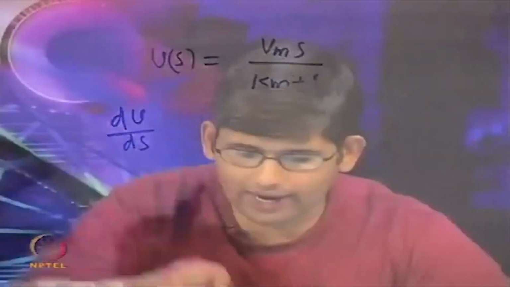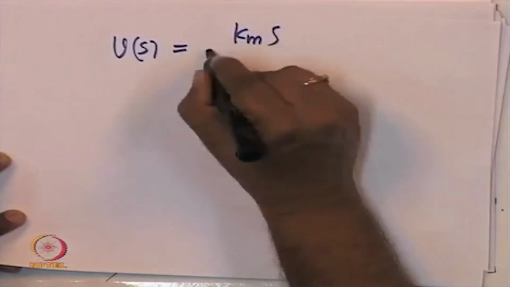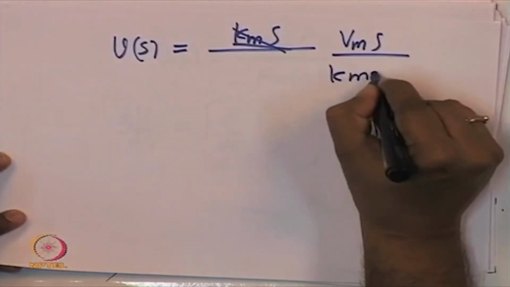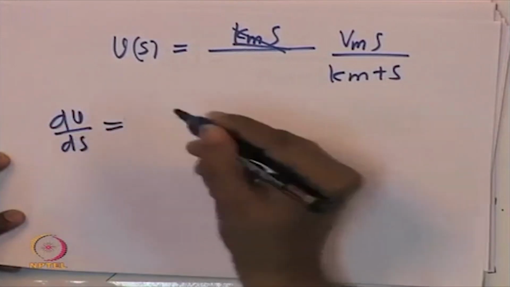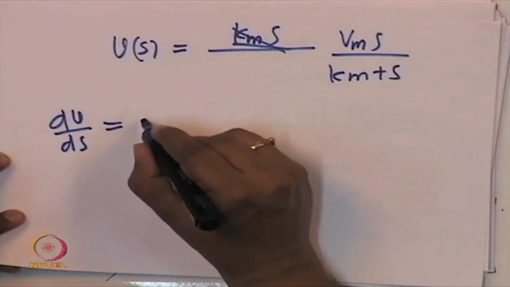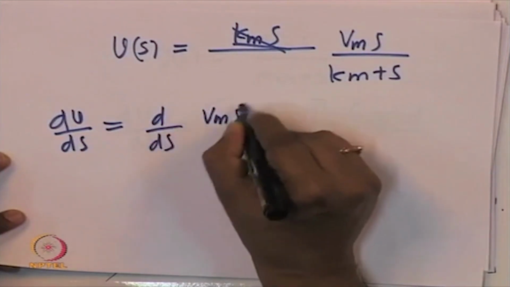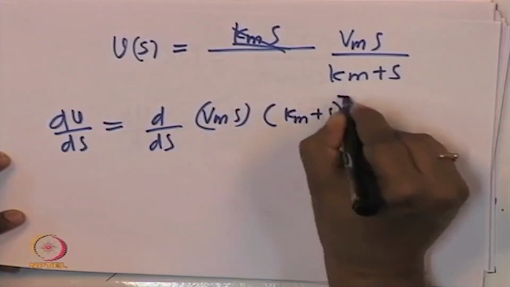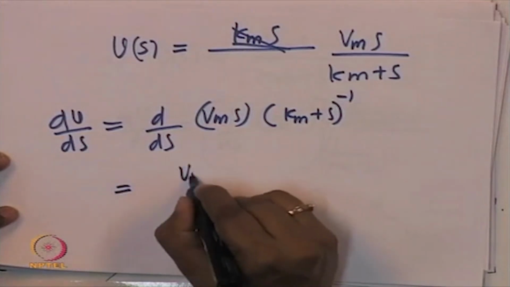So, you can write our function, which is v of s, as Vms by Km plus S. dv by ds you can write as d by ds of Vms into Km plus S whole power minus 1, which is basically Vm.